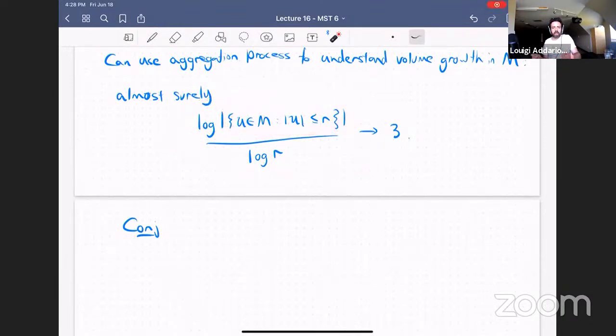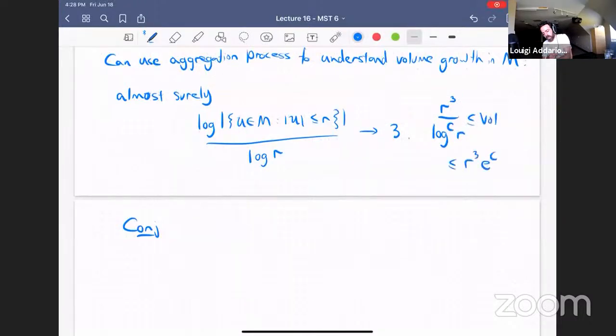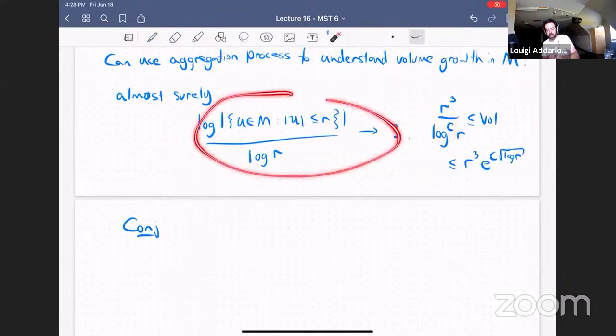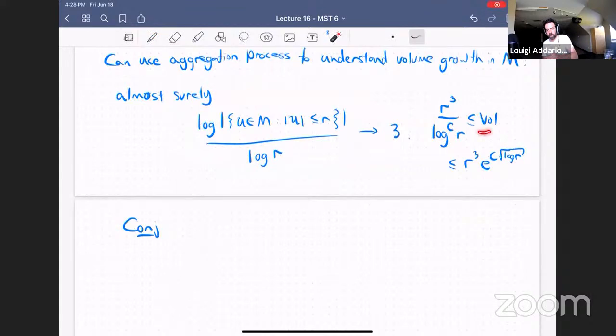I think I have a preprint where I prove something like R cubed over polylog R as a lower bound, and something like R cubed e to the something like root log R as an upper bound. But my bounds are enough to get this logarithmic asymptotics.